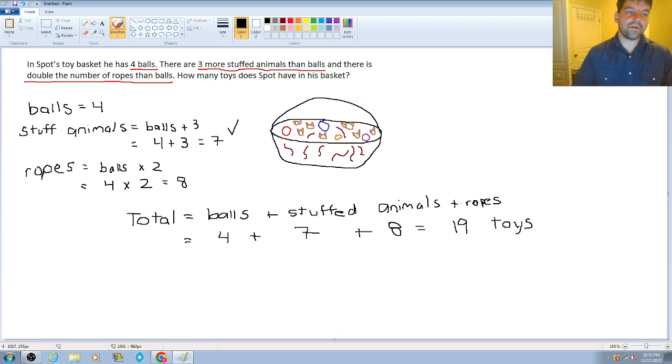And then there is double the number of ropes than balls. So if we had the number of ropes and we were looking for the number of balls, it would be 1/2 of the number of ropes. So since we have the balls to the number of ropes, it's going to be twice the amount of balls. So 8 is 4 times 2. So that checks.